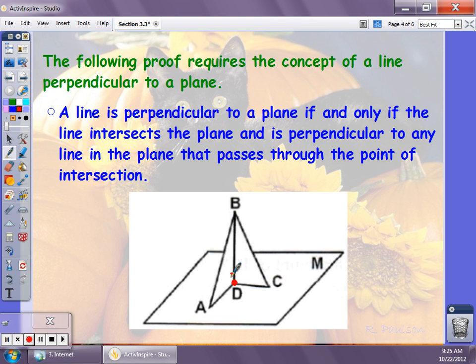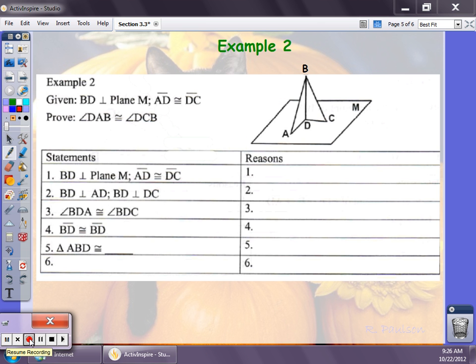So I'm going to mark that line AD is perpendicular to line BD. Therefore, since line BD is perpendicular to line AD, then line BD must also be perpendicular to plane M.